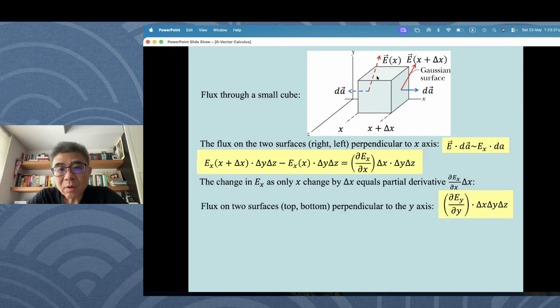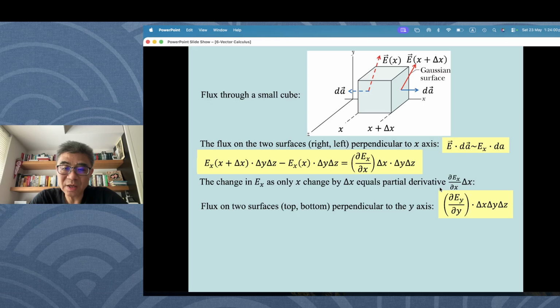And I'm calculating the top and bottom, so y will change in the calculation from y to y plus delta y. Therefore, there will be a delta y here. Okay, and the area of the surface is delta x times delta z.